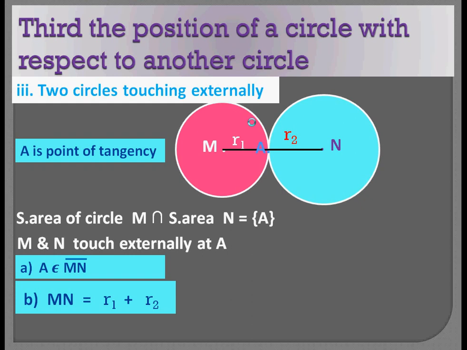We said that the tangent is a straight line touching the circle at one point.